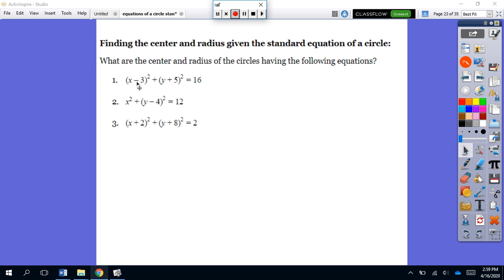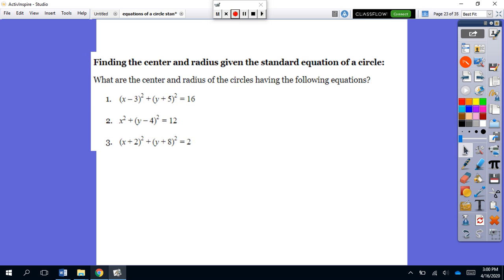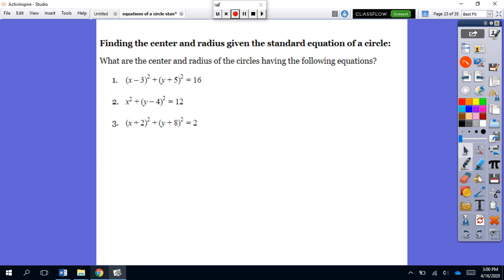Remember, h and k are going to be the opposite of whatever these two numbers are. So h would be 3 and k would be negative 5. So that's your center. And the radius is going to be the square root of this number. So if r squared equals 16, r would be 4. So that's number 1. Go ahead and stop the video and do 2 and 3.